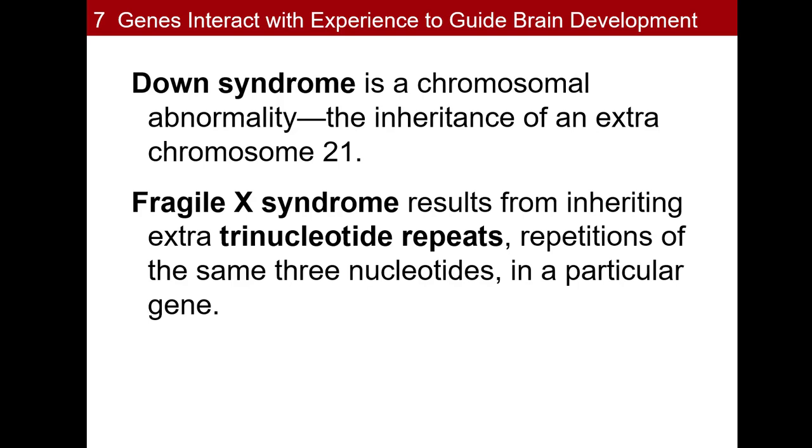This can cause a variety of symptoms. There are certainly unique factors in each case. Not every person who has Down syndrome is the same as every other person who does, but you tend to see intellectual disability, and there can be other psychological conditions, anxiety, that sort of thing as well. But then also some physical characteristics.